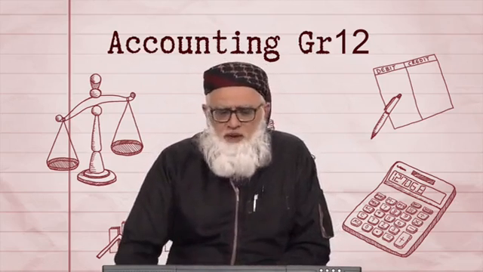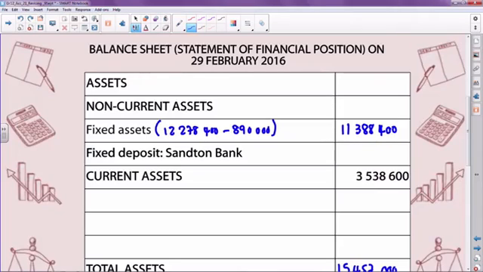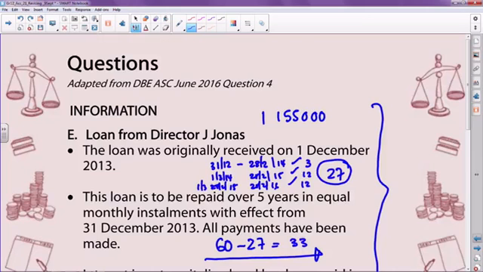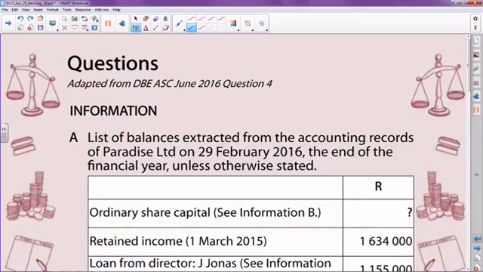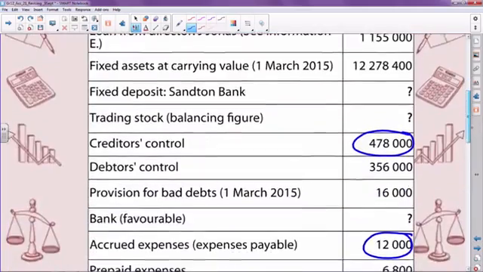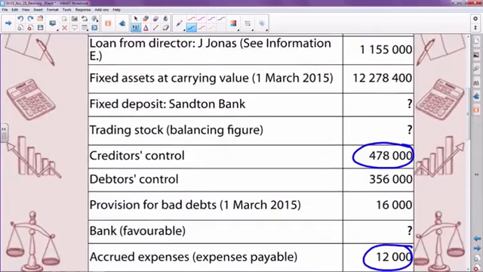Right, what else do I know about my current assets? I know that my current assets is made up of three items, or at least I should know. What are they? They are inventories, trade and other receivables, and my cash and equivalents. Correct? Okay, let's see what information I have. I come down to trading stock and I see it says there balancing figure, question mark.